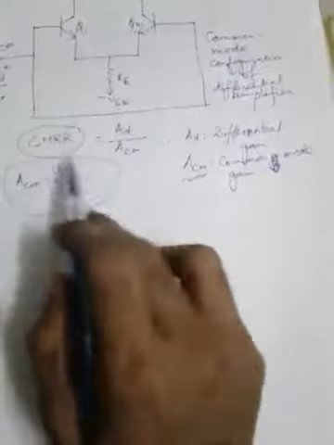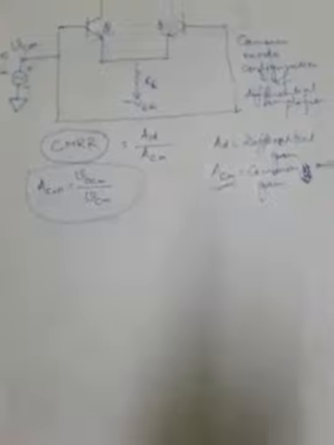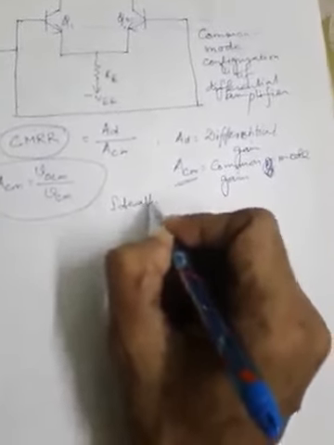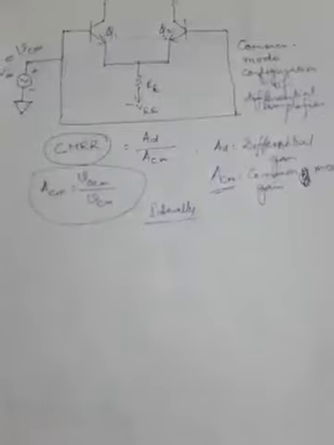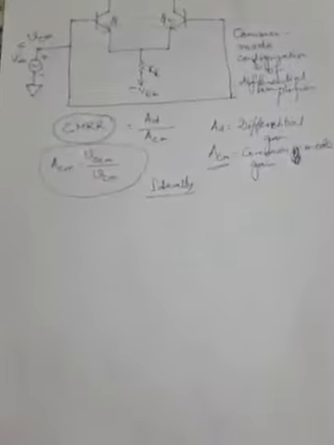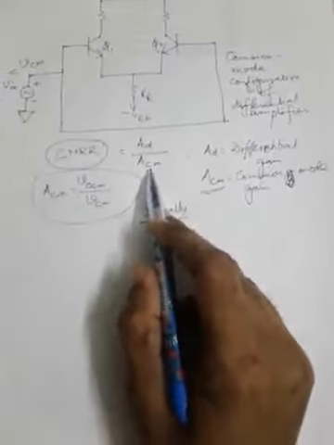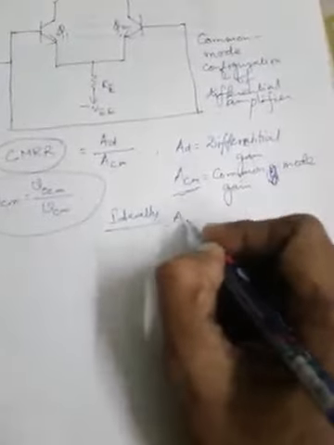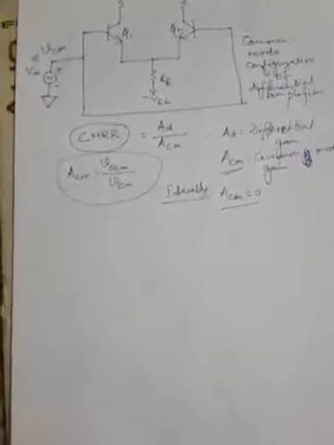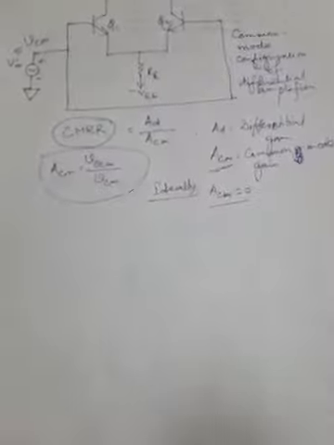Now if we analyze this expression for CMRR, we can see that for ideal cases, when the differential amplifier is operating at its best, that means it is very best in the rejection of the common mode signal, the common mode gain ACM should be 0. That means the differential amplifier will be rejecting the common mode signal at its best.